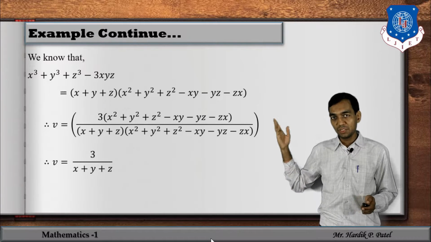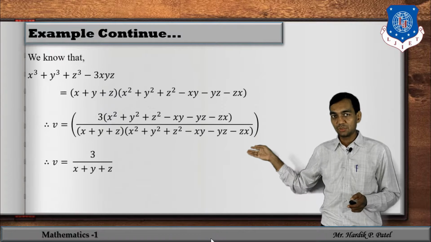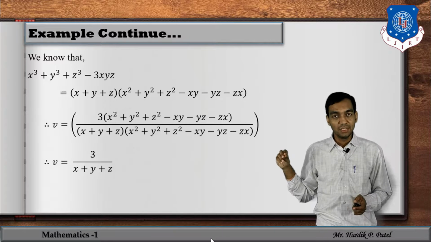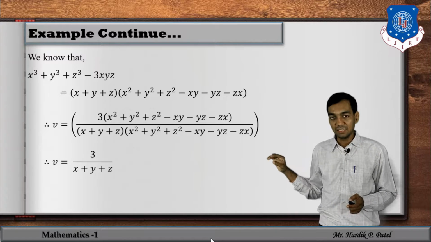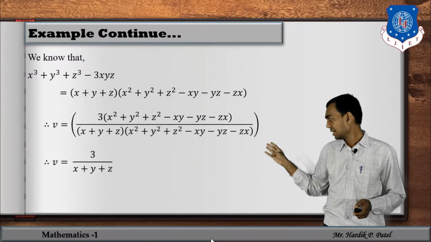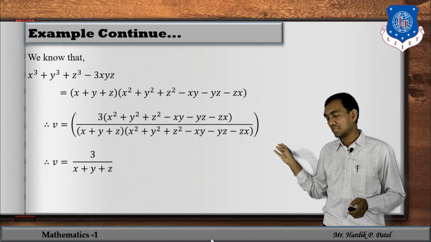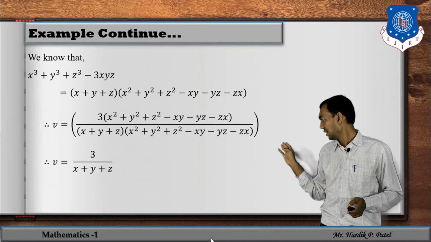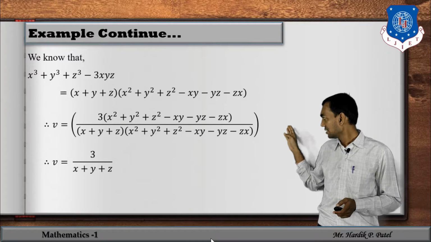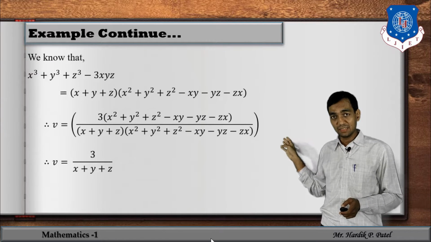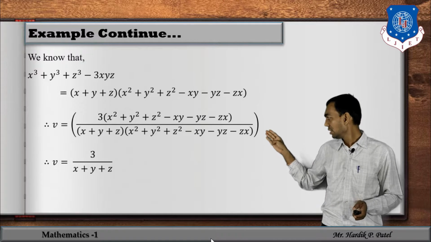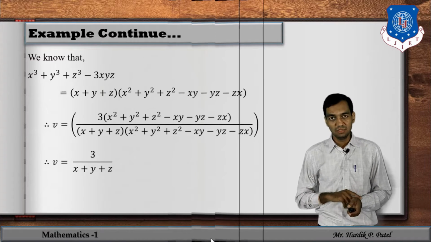If we substitute this in v, then v reduces to 3 into (x square plus y square plus z square minus xy minus yz minus zx) divided by (x plus y plus z) into the other bracket (x square plus y square plus z square minus xy minus yz minus zx). The common bracket cancels out from numerator and denominator, and v is going to be 3 upon x plus y plus z.